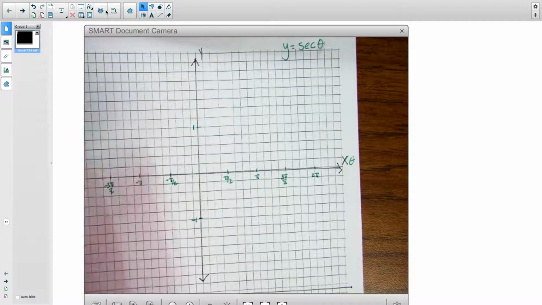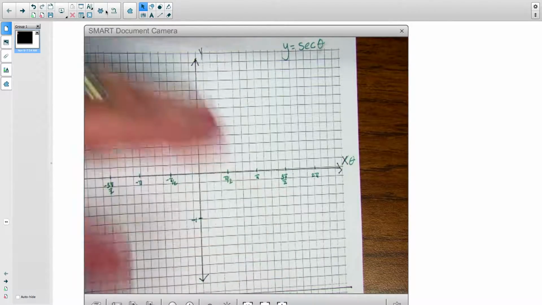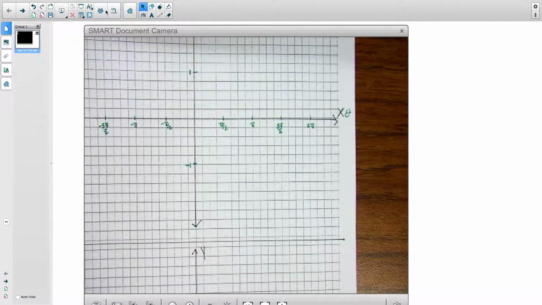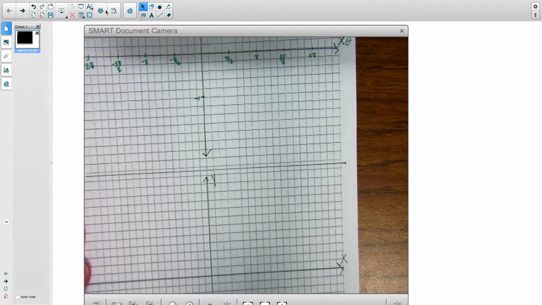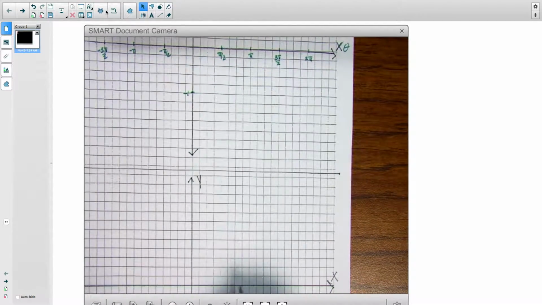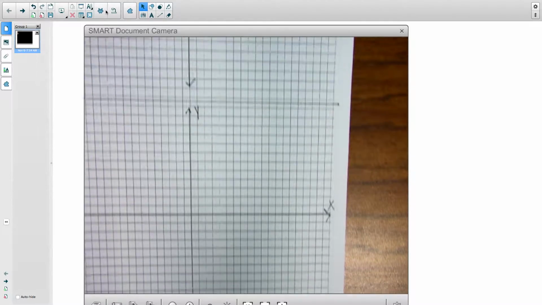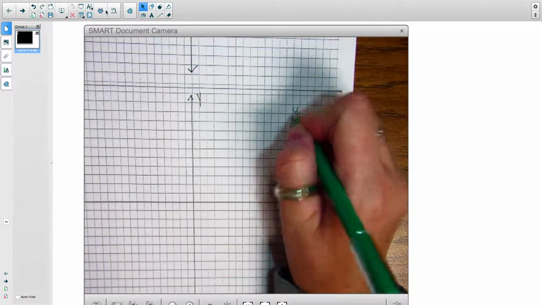Let's go ahead and do both these graphs on this paper. Go ahead and label your x and y axis. And this one's going to be cosecant.